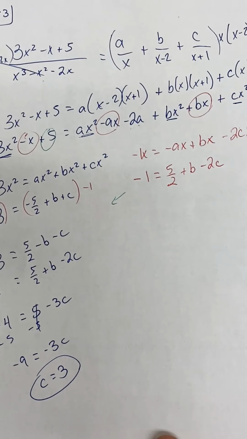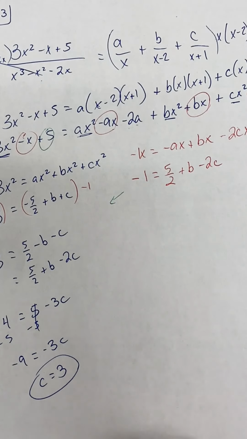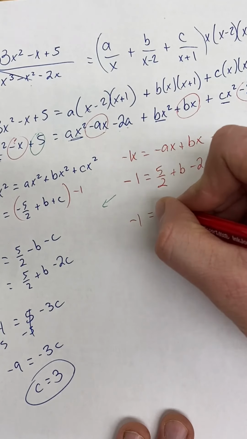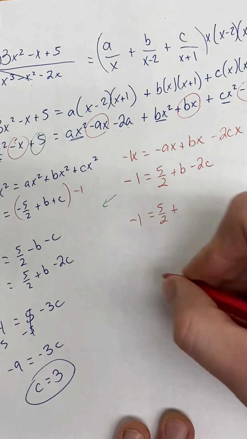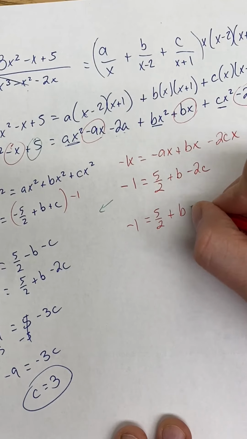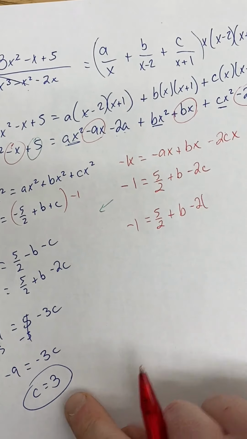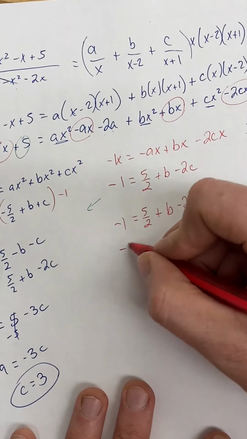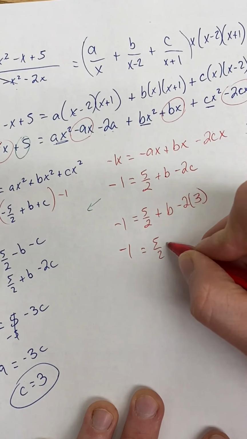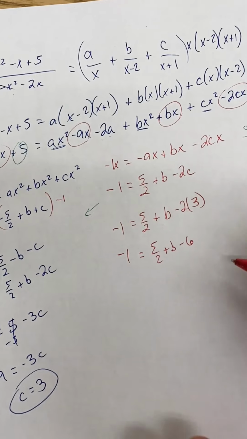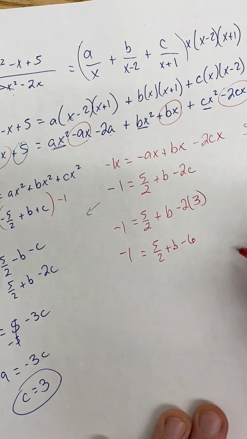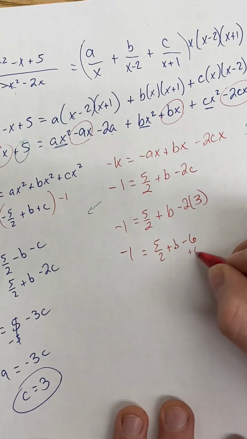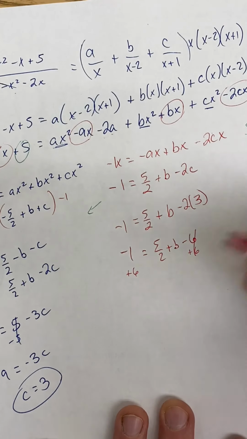Okay, so the only thing left now, and really I can go anywhere, but the logical place to go would be this part. So negative 1 equals 5 halves plus b, which I don't know yet, minus 2c, which I know is 3, so we'll put that in. All right, so let's see what we got. 5 halves plus b minus 6, and I really don't want to deal with that fraction yet, so I think I'm going to boot the 6 over, add that to both sides. It's just preference.